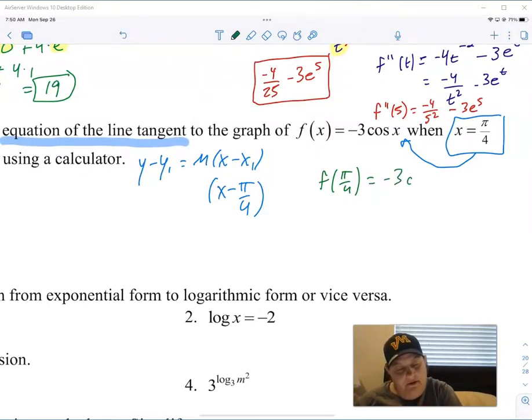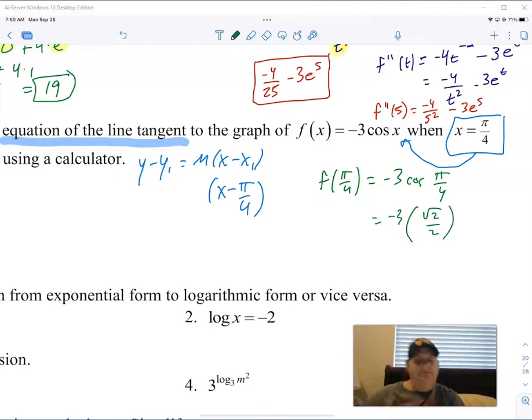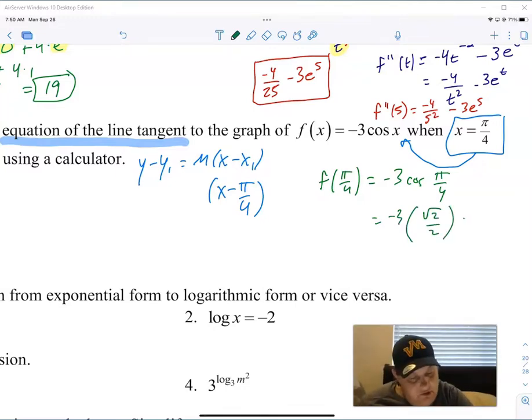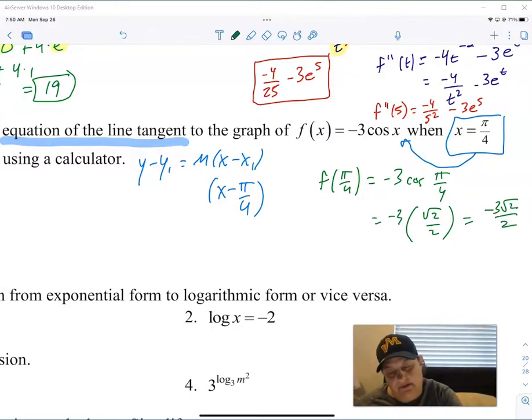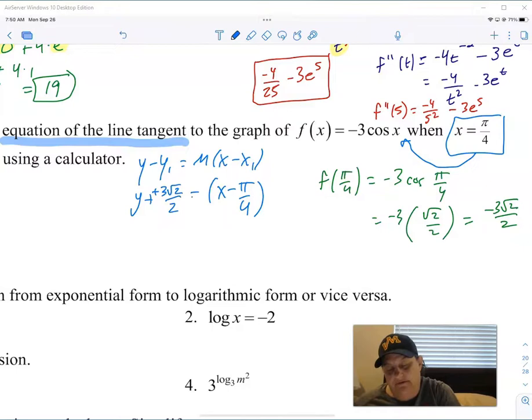It's negative 3 cosine pi over 4, and cosine of pi over 4 is root 2 over 2. So the y value is negative 3 root 2 over 2. Well, negative times negative, positive. And now I just need to find m.